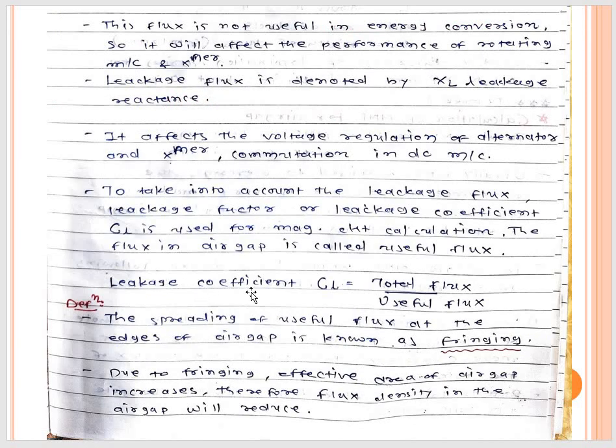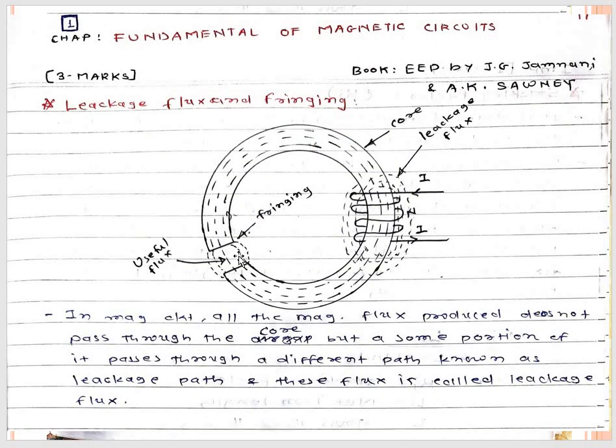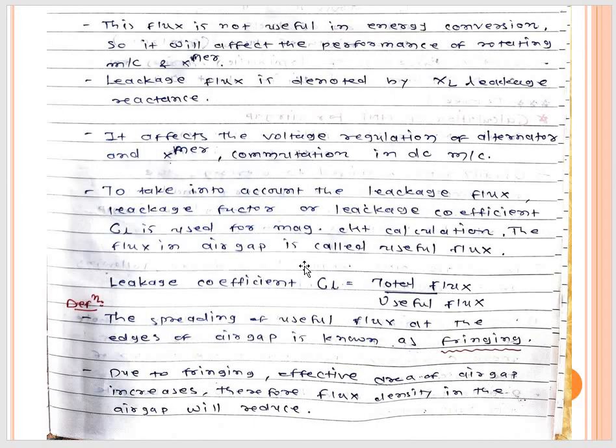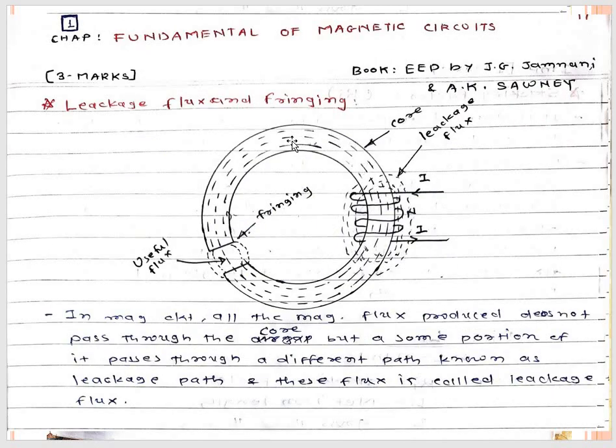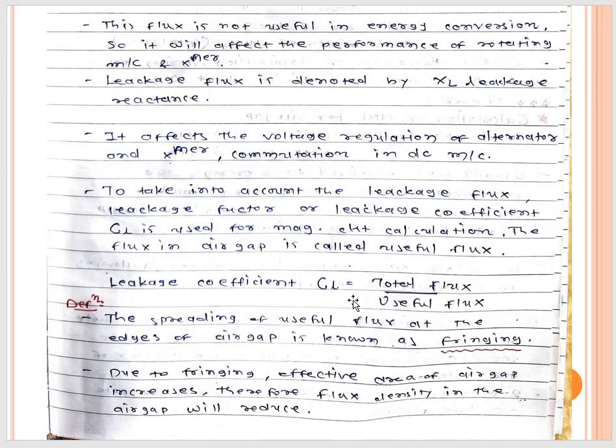The leakage coefficient is defined by CL equal to total flux divided by useful flux. Our useful flux is available at the air gap, and our total flux is the flux flowing through this magnetic core plus the leakage flux.